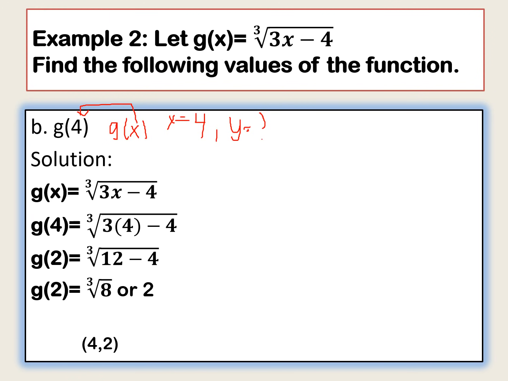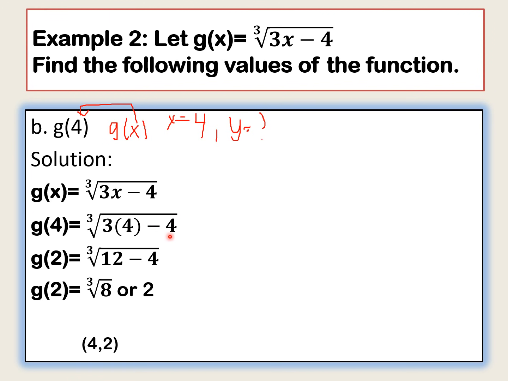So, ang lagi kong sinasabi sa inyo, i-rewrite nyo muna yung mismong function natin. After nating masulat ang function natin, that's the time na ready na kayong i-substitute yung value ng independent variable. Okay? So, our x is 4, g of 4 equals cube root of 3 times 4 minus 4.